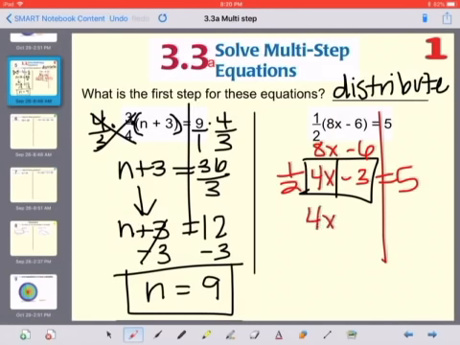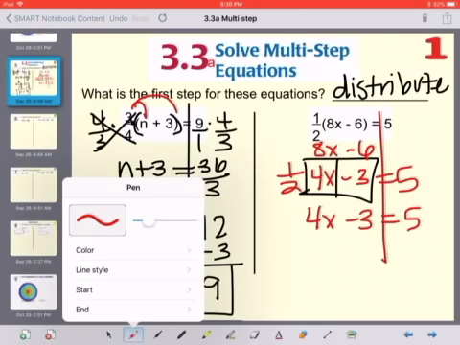So we have 4x minus 3 equal to 5. The reason why I didn't use this strategy over here is because 3/4 times 3 might not be a nice number. It'd be 9/4, which isn't going to be the greatest. So that's why I used the multiply by the reciprocal on the left side.